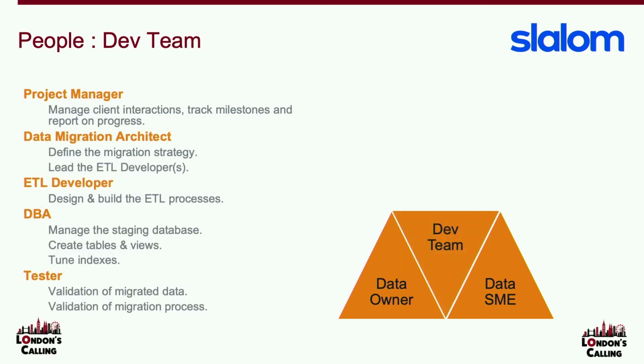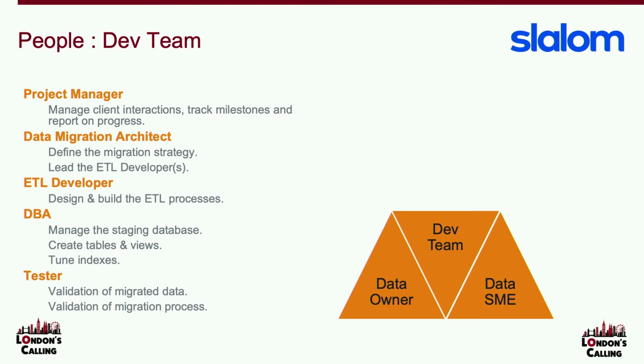Next up is your dev team. You're going to need to fill these 5 roles. A project manager to liaise with the client, report on progress, track milestones. A data migration architect to specify the design for the system and lead the developers. The developers to do the grunt work of actually building the processes in whatever tools you've chosen.